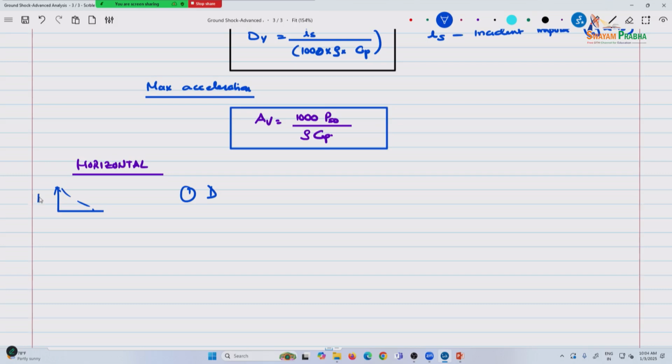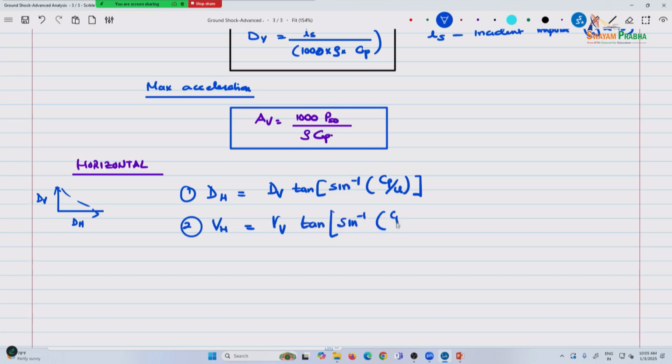This is, let us say, dV and this is dH. So, you will see that this is in the form of a tangent, and the angle is given as dV multiplied by tangent of sine inverse Cp by U. Same thing with the horizontal, it is V multiplied by tangent sine inverse Cp by U. I will come to the U part of it.